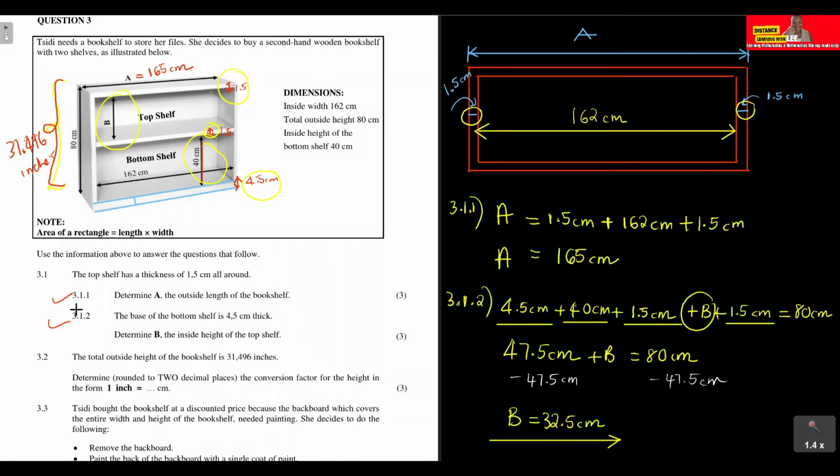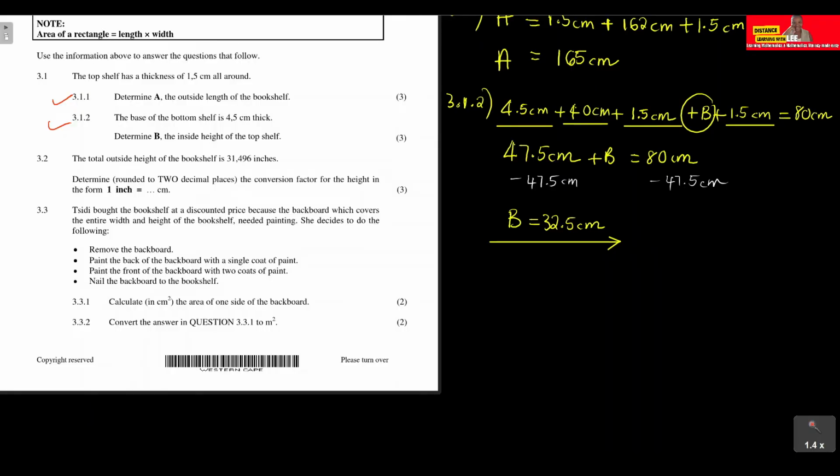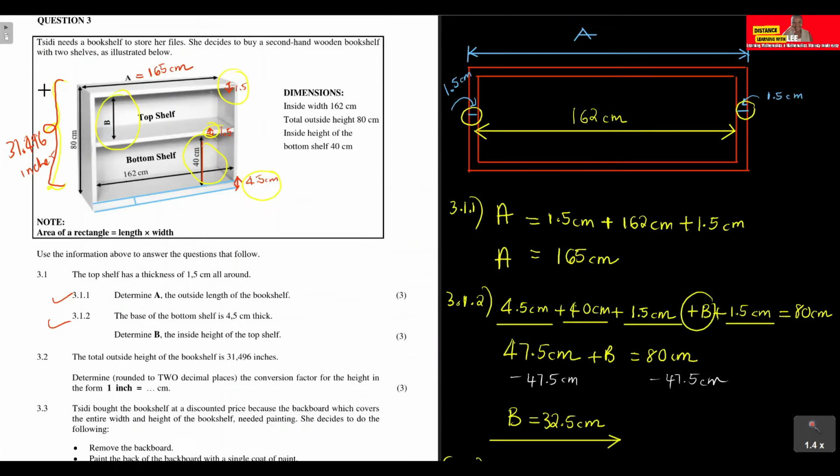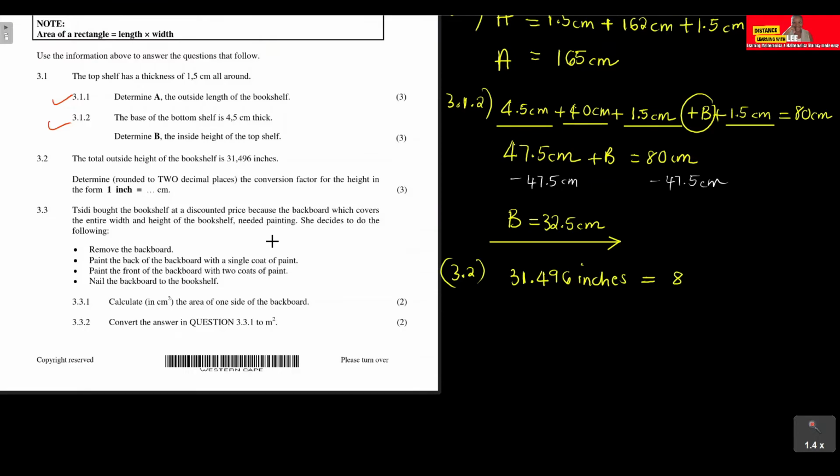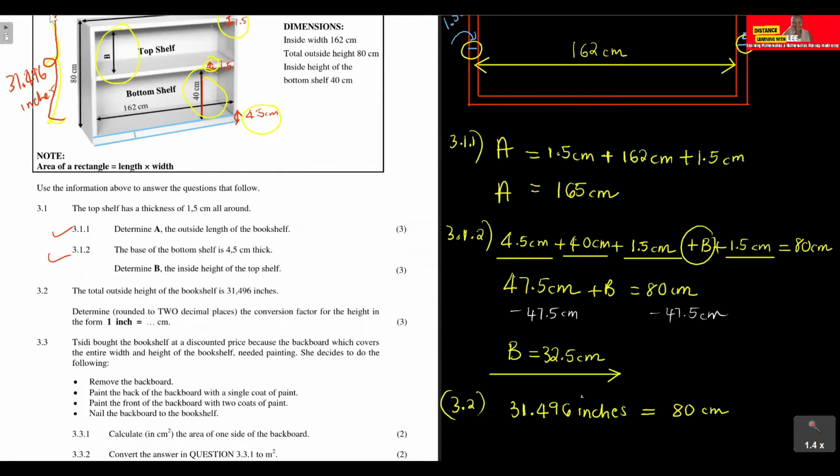For question 3.2, the 31.496 inches height is equal to the height of 80 centimeters. It's just that our units are different, but the height is the same. Both of these represent this height there.